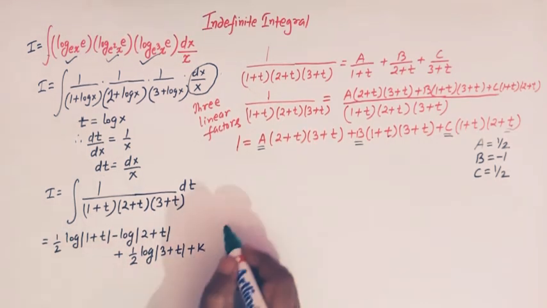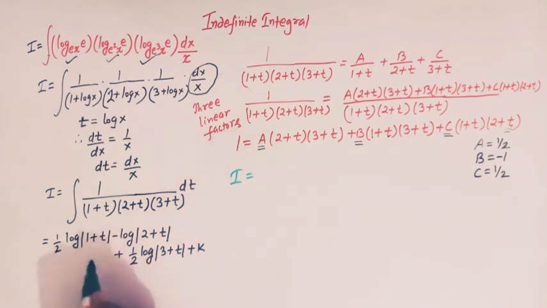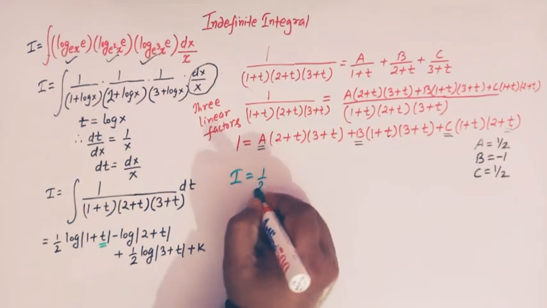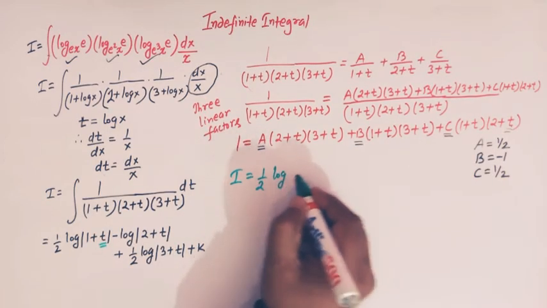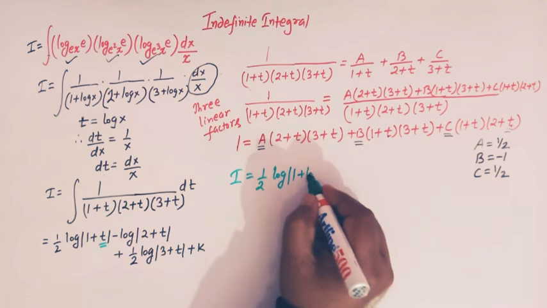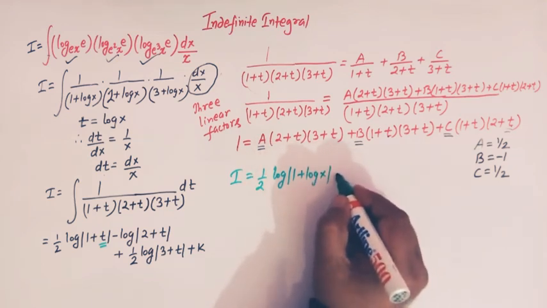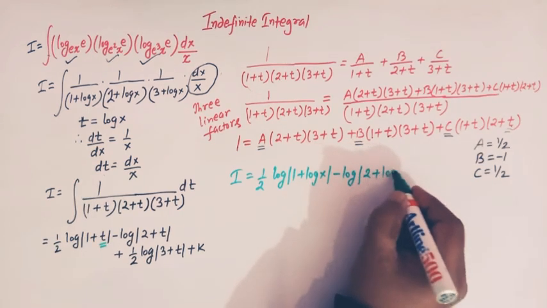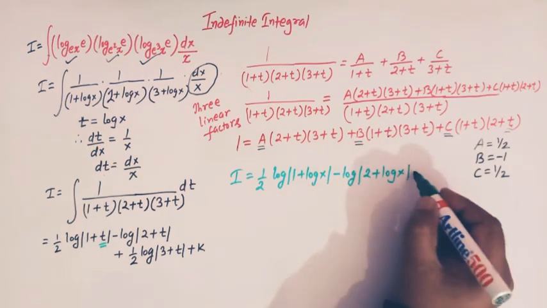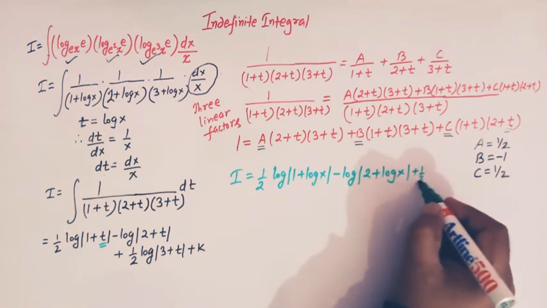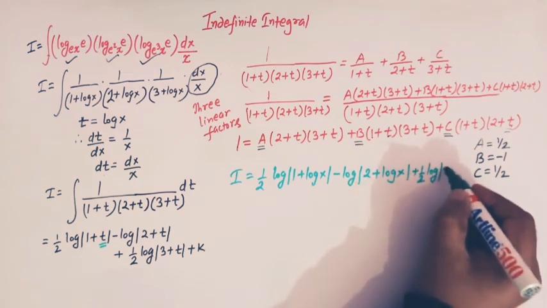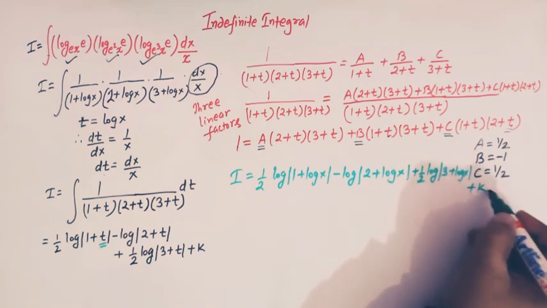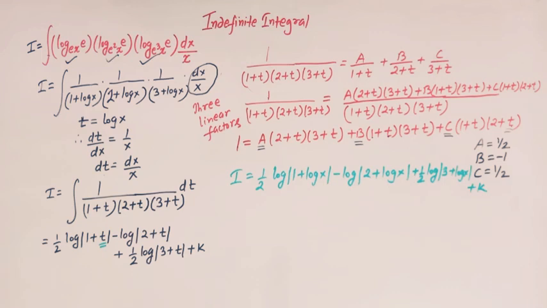So now in order to get the final result, here we can replace t by log x. So we have the final result as half log of 1 plus log x. Then we have minus log of 2 plus log x, and then we have plus half log of 3 plus log x, and k is the constant of integration, right?